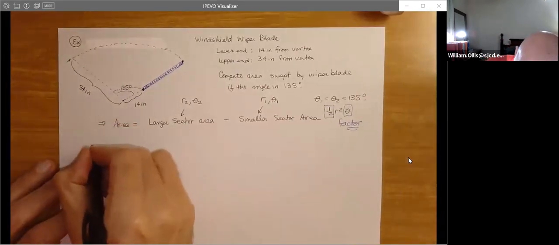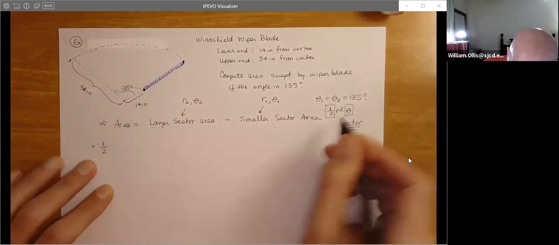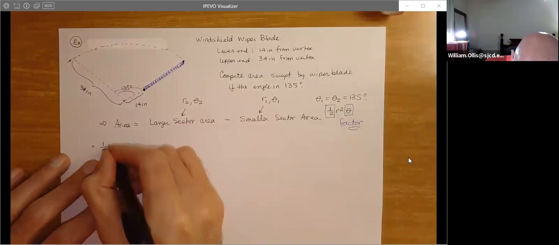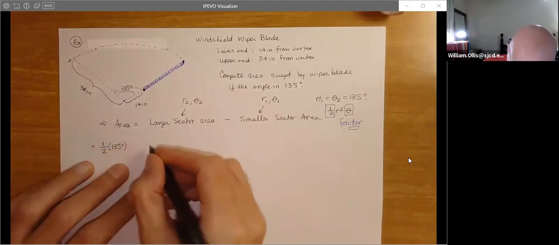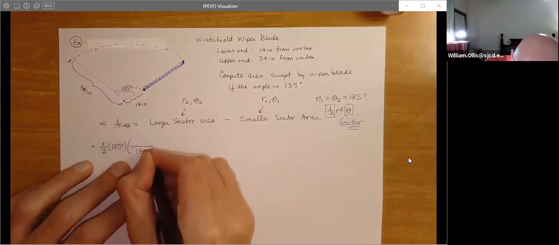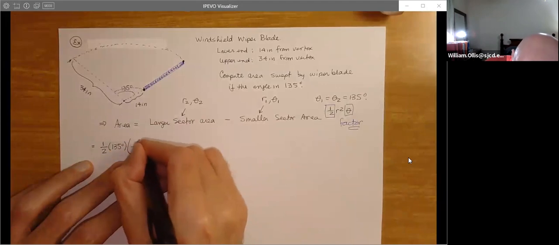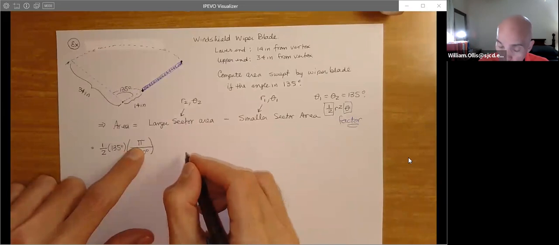This will give us 1/2, and then we have 135 degrees. Of course, we're going to have to convert that. So we have 135 degrees, and then our conversion factor will be 180 degrees downstairs and pi. So the degrees will cancel and we'll get the pure measure.